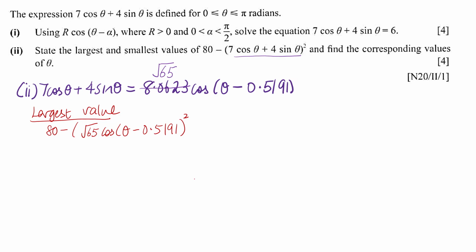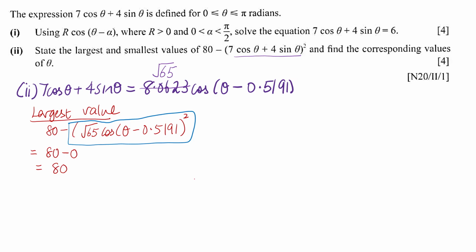All right, so to get the largest value for this, it means that we need to have the smallest possible value for this expression, right? And what is the smallest value you will get when you square any number? When you square a negative real number or positive real number, what is the smallest value you can get? Yes, 0. So therefore, the largest value is 80.